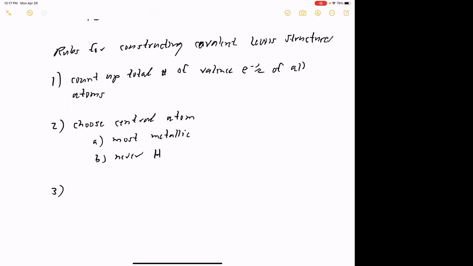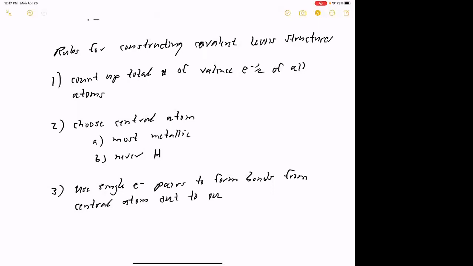So what I want to do is use single electron pairs to form bonds out from the central atom, outwards to the outer atoms.